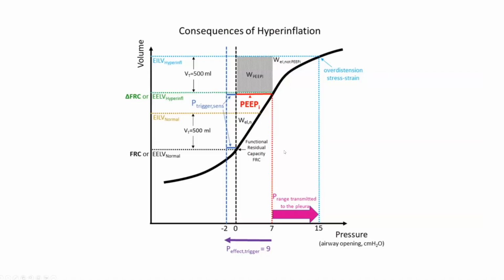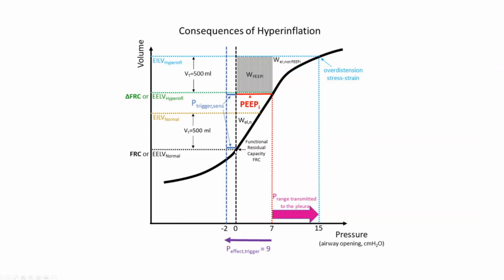Why does this happen? So we mentioned before, when you have AutoPEEP, the relaxation pressure is no longer zero. There is now a static recoil pressure. So in this example, assuming that there is no AutoPEEP, the patient only needs to generate an intrapleural pressure of -2 in order to trigger the ventilator.